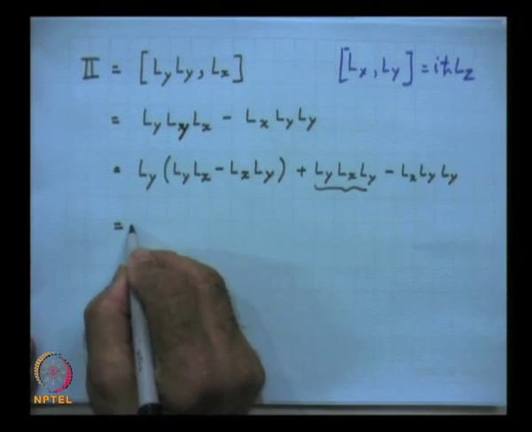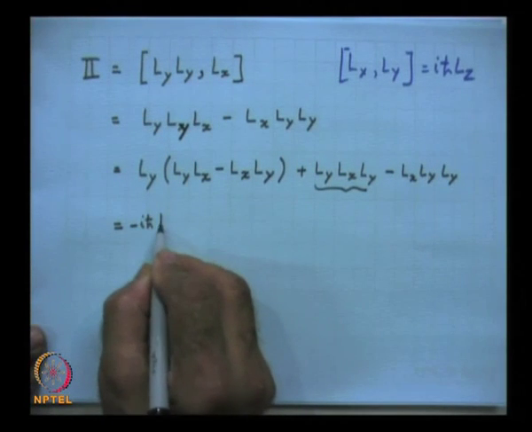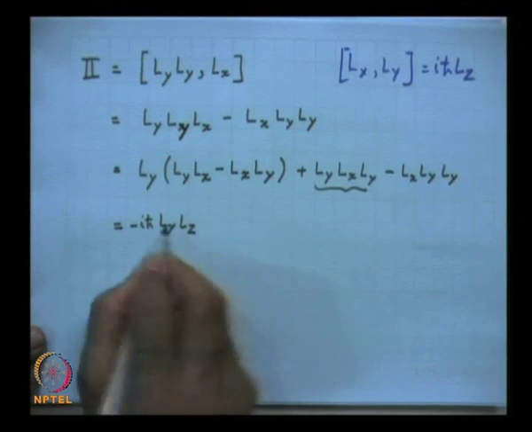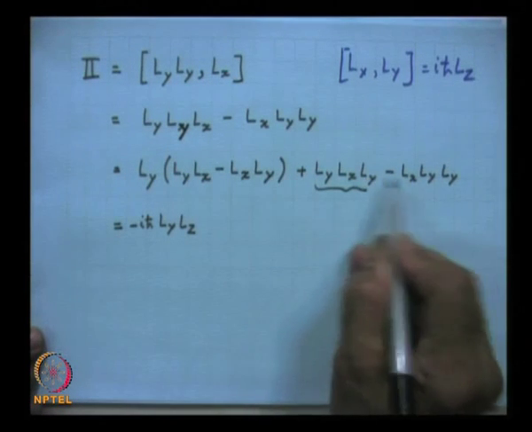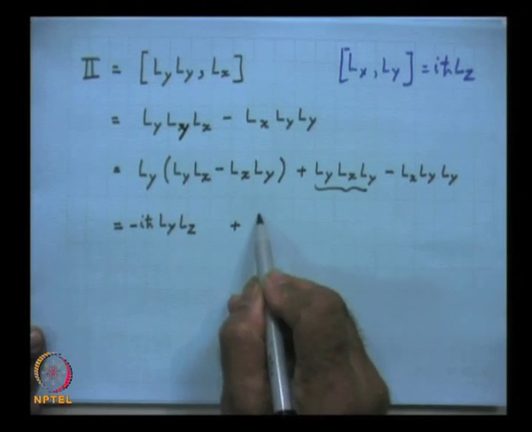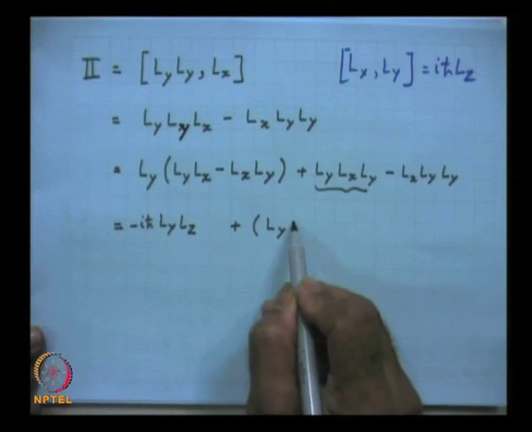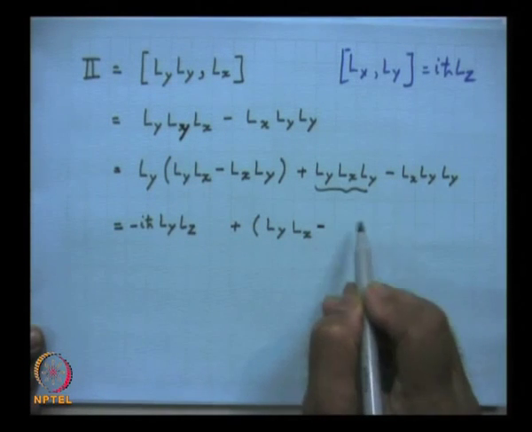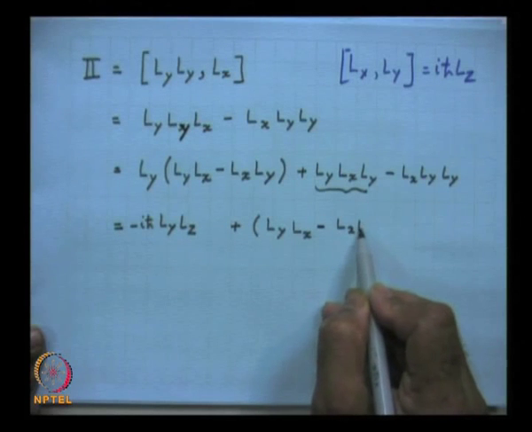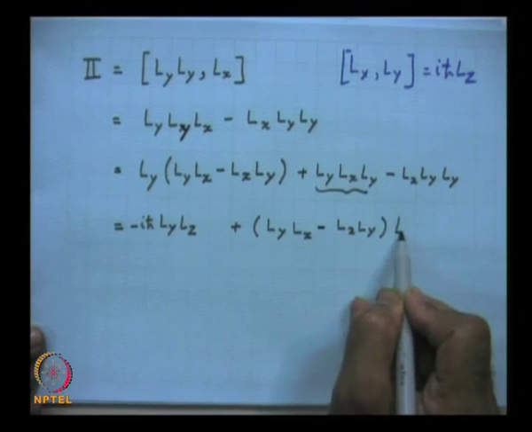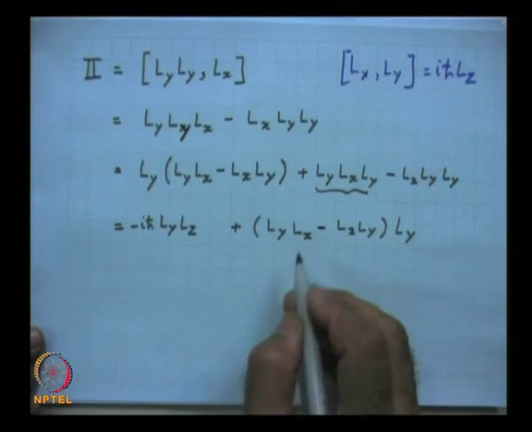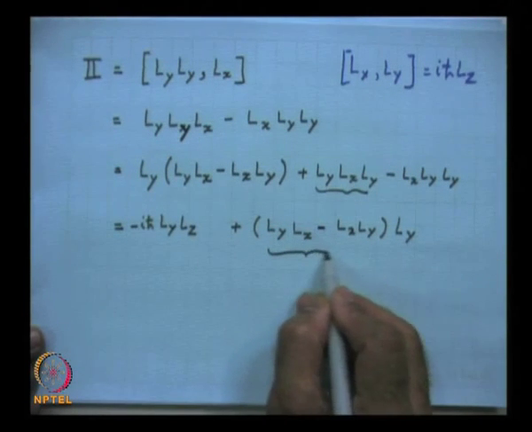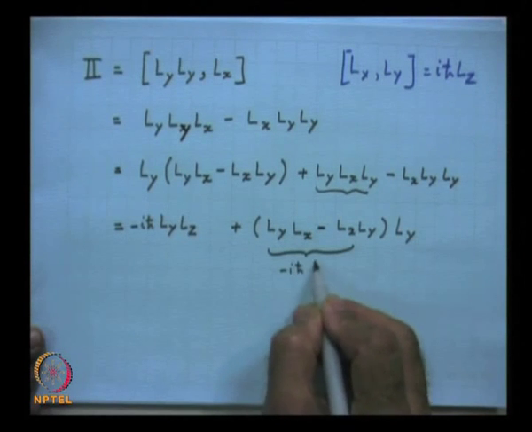Therefore, this will be minus I h cross L y L z. We must write them in proper order, that is very necessary. And then I take L y on the right side. So, I get L y L x minus L x L y multiplied by L y. So, this is also equal to minus I h cross L z.